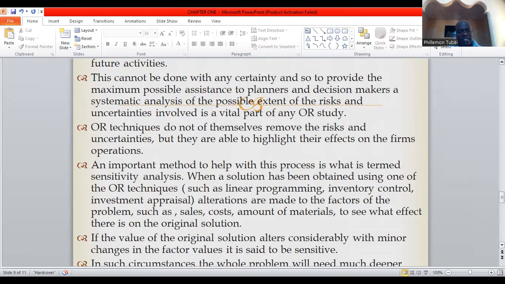We're saying also, if the value of the original solution alters considerably with minor changes in the factor values, it is said to be sensitive. Meaning, if you make a small change in the independent variable and it causes a big change in the dependent variable, then that is the aspect of sensitivity.